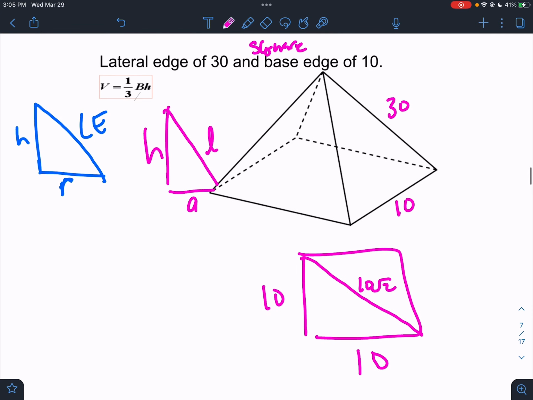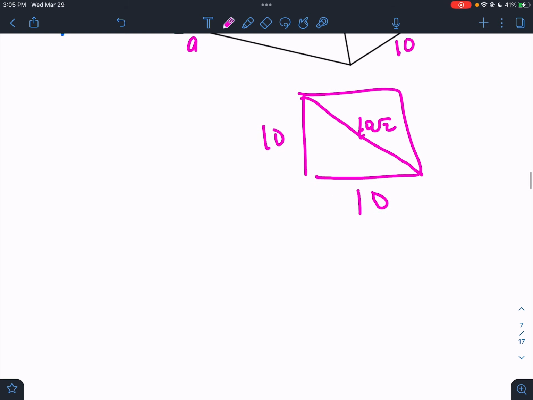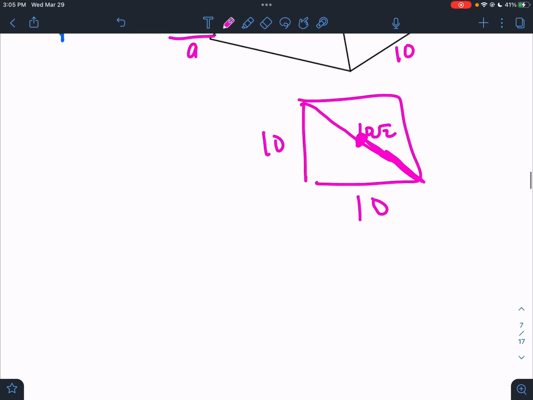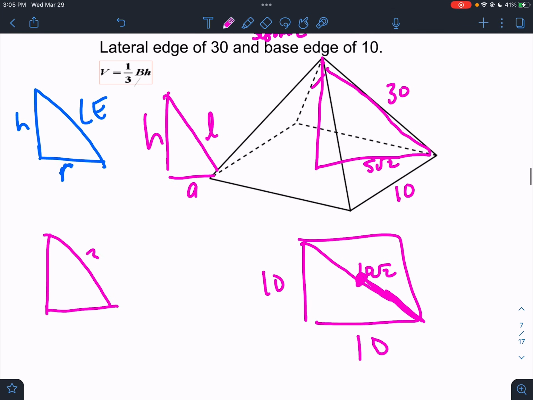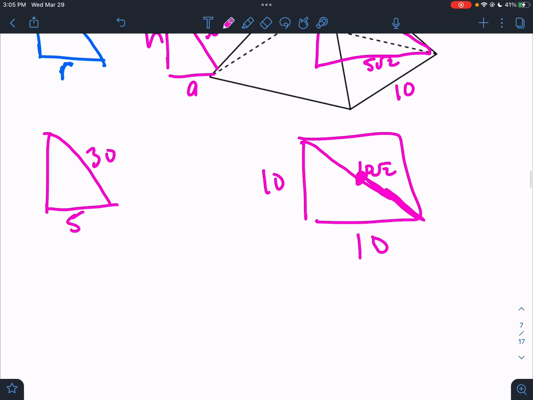So that means that the part we care about for our triangle is 5 root 2. On a square, the radius is half the size, right? The radius would be just this much. So we have a right triangle that we're going to work with that is 30 on the hypotenuse and 5 root 2. Practice doing this without a calculator.